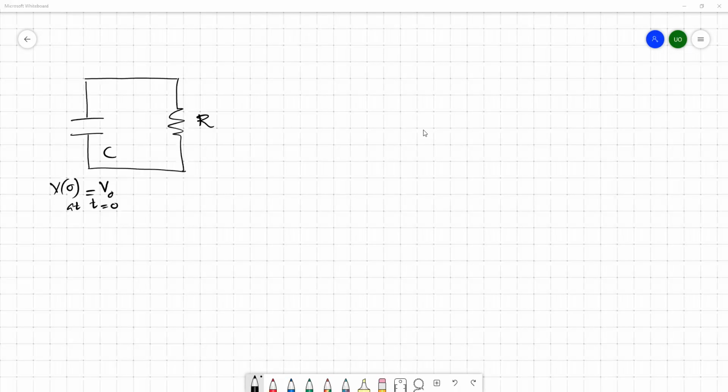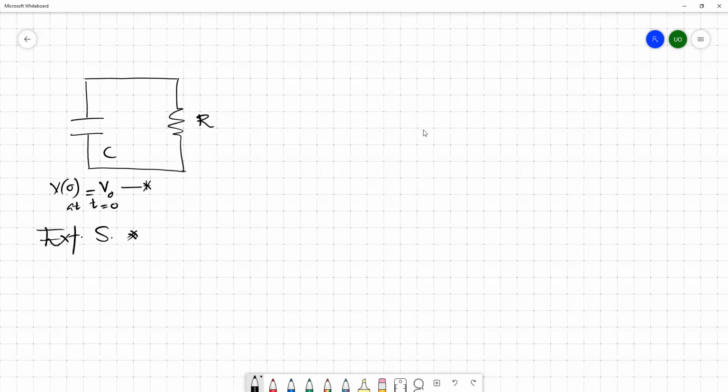Okay, so we basically discussed this very simple circuit. The speciality here is actually we don't have external sources. So the circuit is basically powered by the capacitor, which has a certain amount of stored energy.